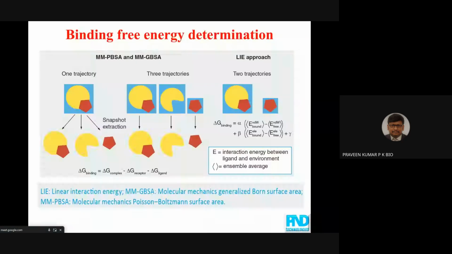Okay. And binding free energy determination. If this is your ligand and this is our receptor, we take the ligand-receptor complex, the receptor alone, and the ligand alone. If we need all these three, that's what we call three trajectories.